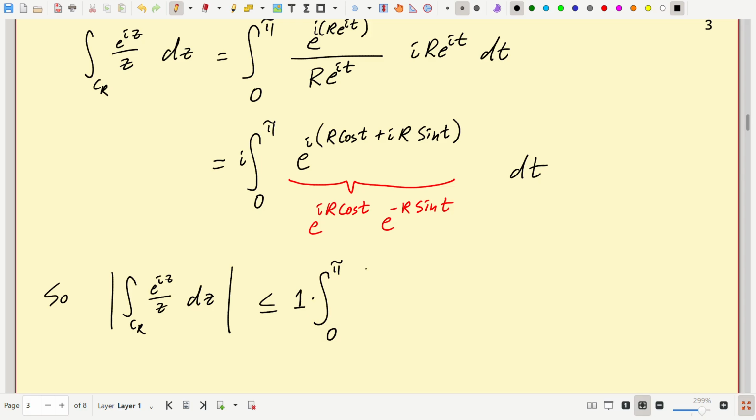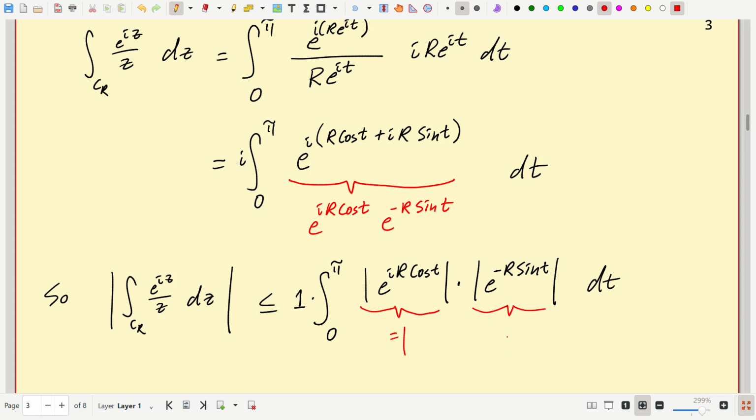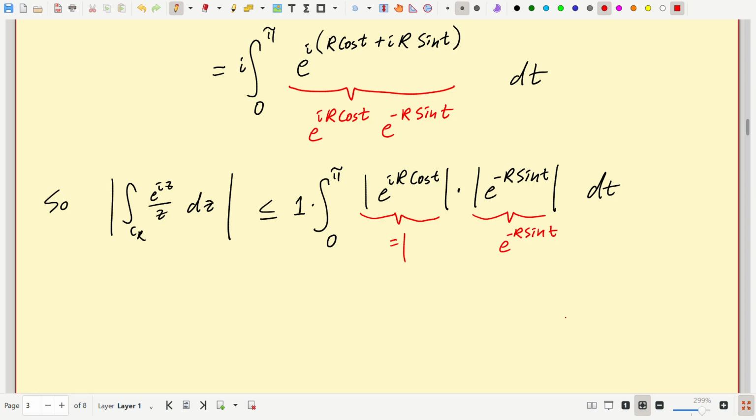But then I get the modulus of e to the i r cosine t times the modulus of e to the minus r sine t dt. And of course this one is 1. And this one, being a positive real number, is itself e to the minus r sine t. And so I get that the integral along C sub r is less than or equal to the integral from 0 to pi of e to the minus r sine t.